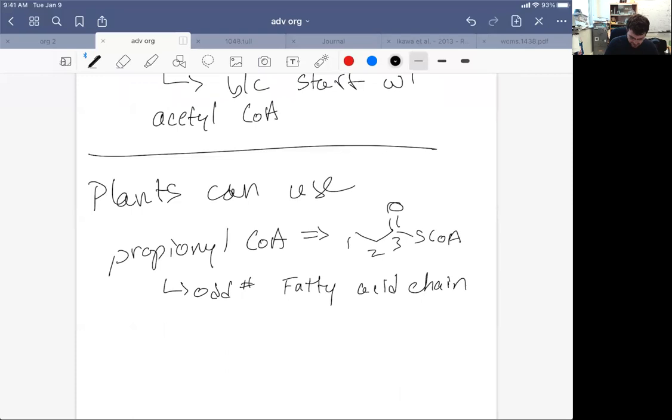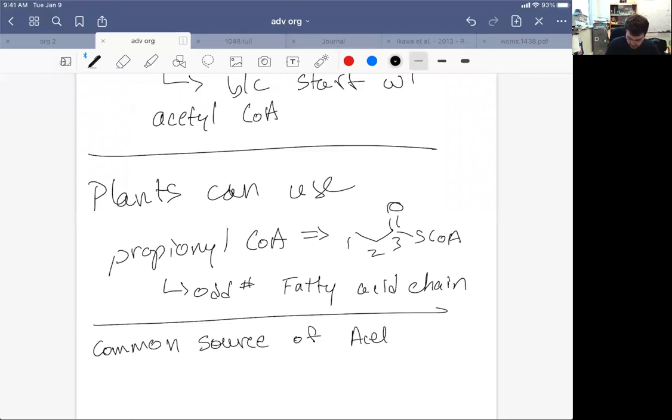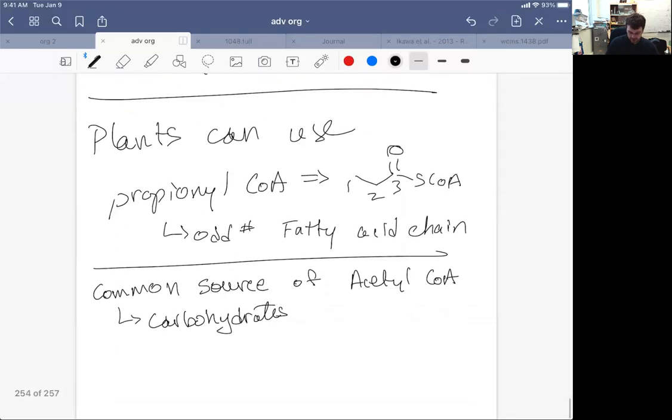Now, interesting factoid about acetyl CoA: a common source of acetyl CoA is carbohydrates. Which means carbohydrates can be turned into fatty acids.